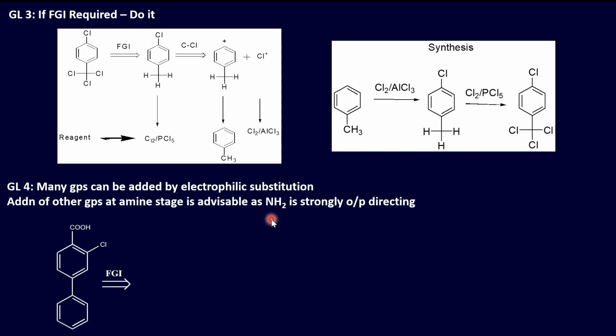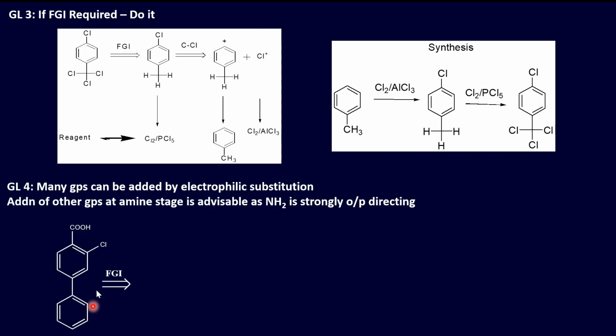Always it is advisable to carry out electrophilic substitution in the presence of an amino group such that it activates the ring system and also it is strongly ortho-para directing. This is guideline 4 given.